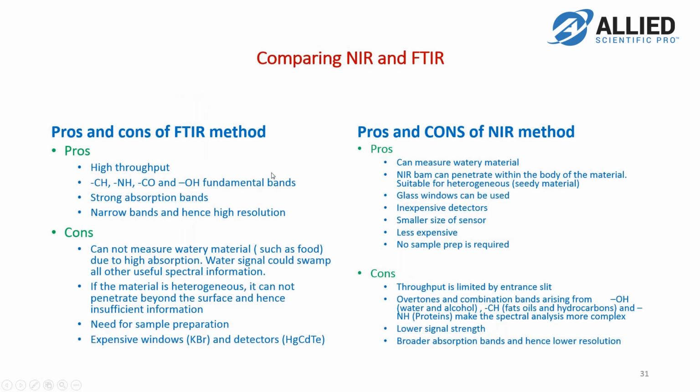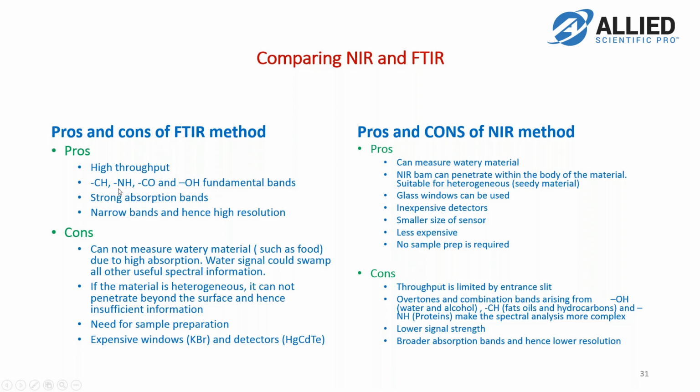So what is the comparison of near IR and FTIR? Pros and cons of FTIR. For pros, it has a high throughput, because in near IR, if you remember, I showed you there was an entrance slit on the instrument, so the throughput is limited by the entrance slit. But in FTIR, the full throughput is used.